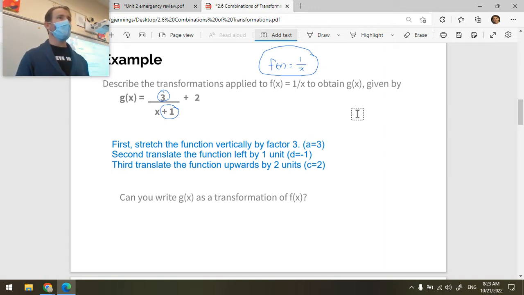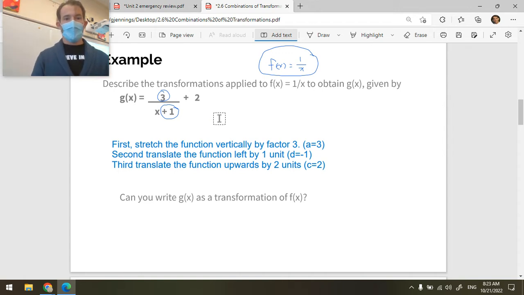Ali asks: I don't know how you find if it's an A transformation or B transformation. So when I'm looking at which one of these transformations are which, I can consult my parent function worksheet where we wrote out the different transformation forms of the different functions.